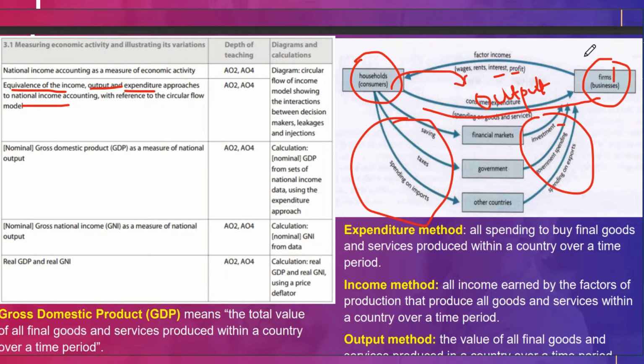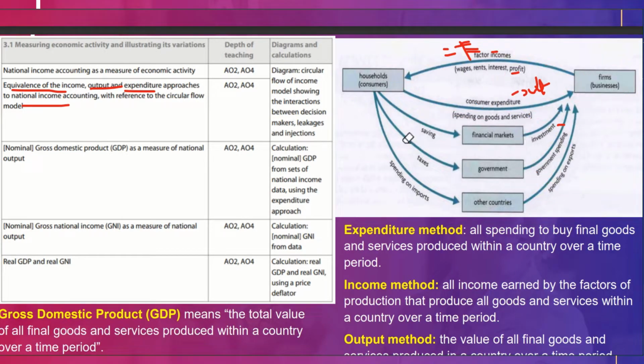That money is income to the firms. So expenditure of households and income of the firms should be equivalent to the output. Income, output, and expenditure, all three are equal. This is what we can conclude from the circular flow of income model.